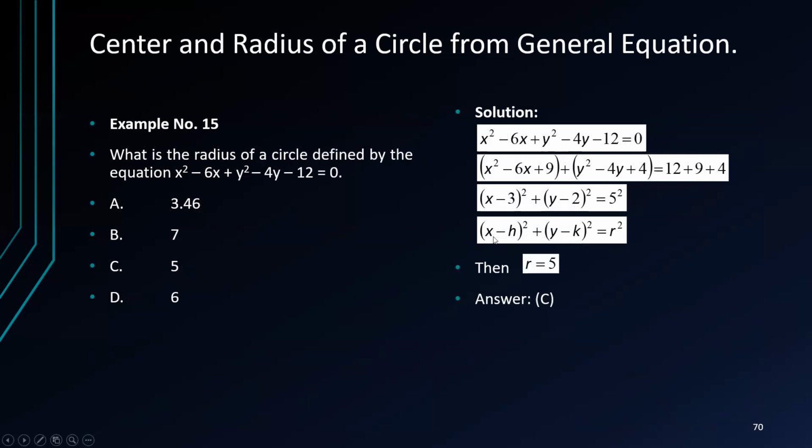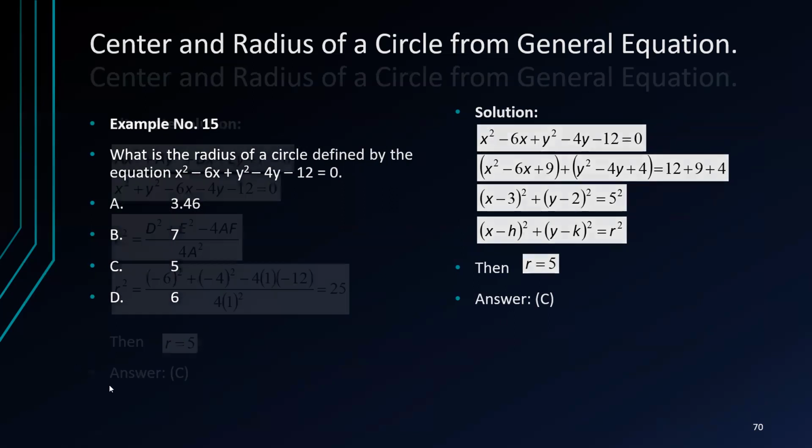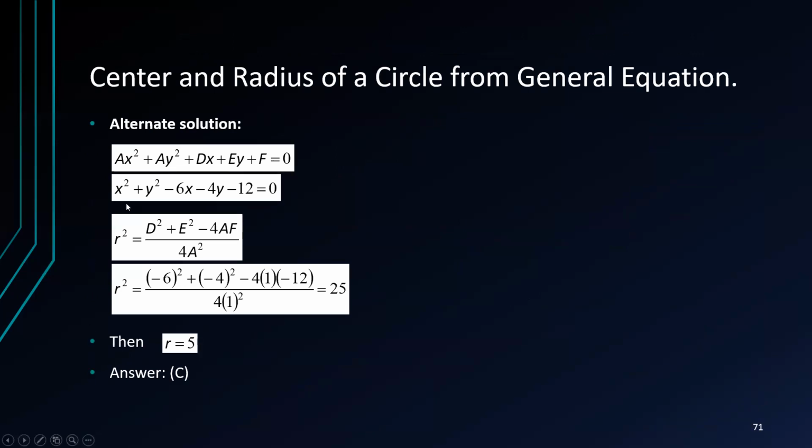So, in the form (x minus h) squared plus (y minus k) squared is equal to r squared, the radius is 5. That is the answer.